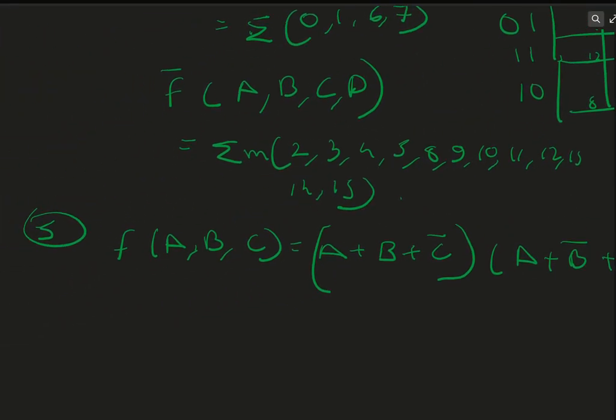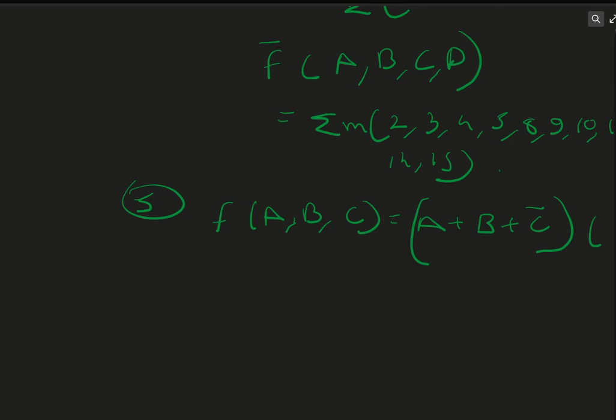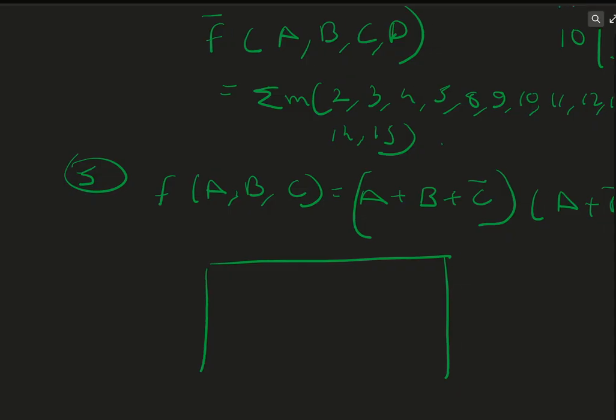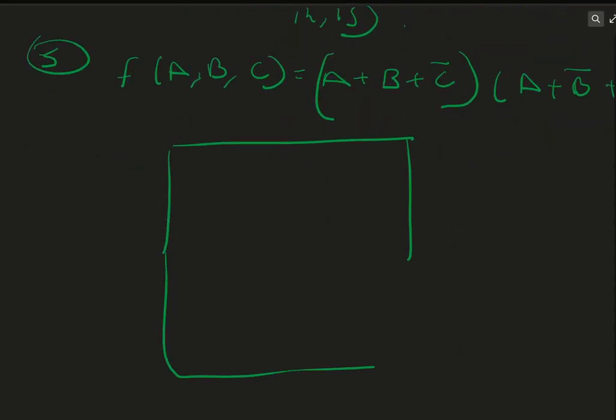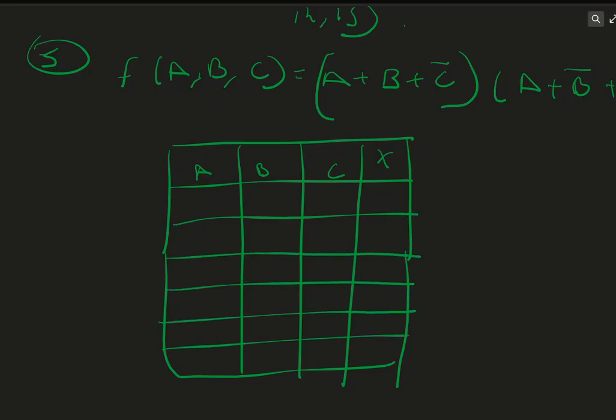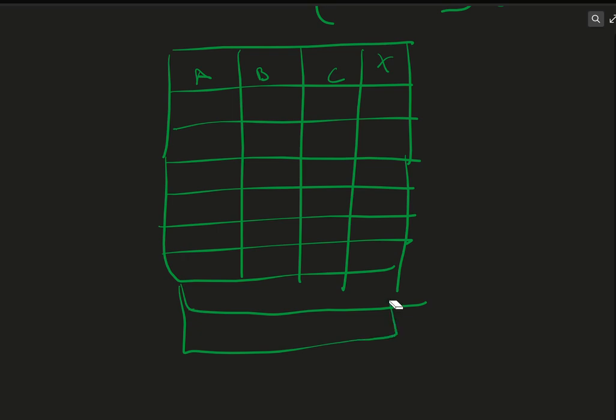Okay, so we have to construct the truth table for this. It's very easy to draw a truth table. A, B, C, you need to have 8 cells: 1, 2, 3, 4, 5, 6, 7, 8.